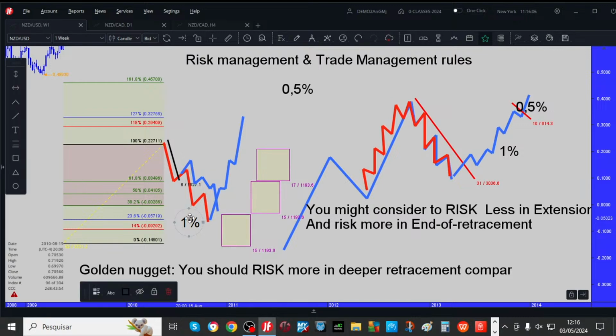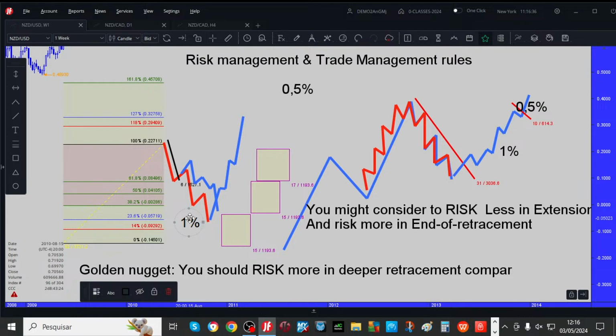It's always a guessing game. But if you can risk more in deeper retracements, Fibonacci wise, market wave wise, then you are going to make more money as the market moves. Does this make sense?